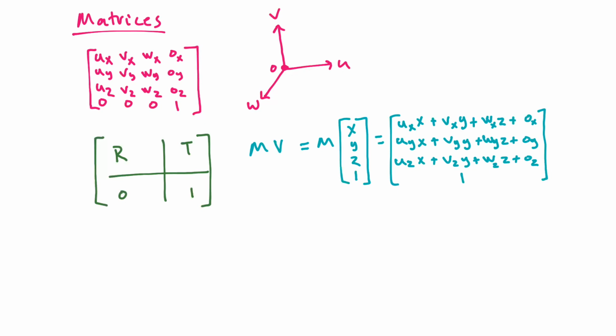So you see that the w element remains the same. Now, if you'll observe, we basically multiplied a 3 by 3 rotation matrix by our coordinates, and then we separately added the origin, which is not affected by the location of the 3D position.